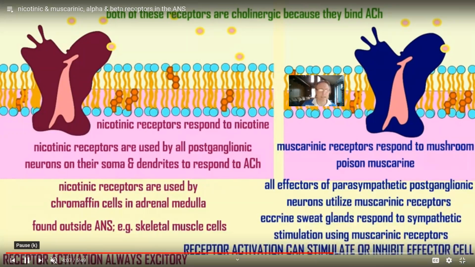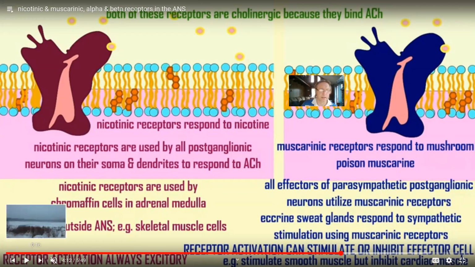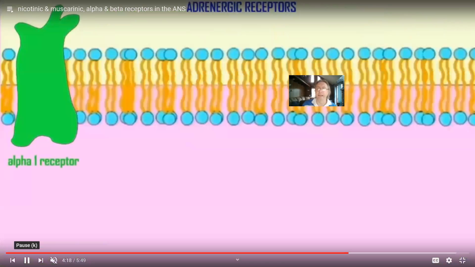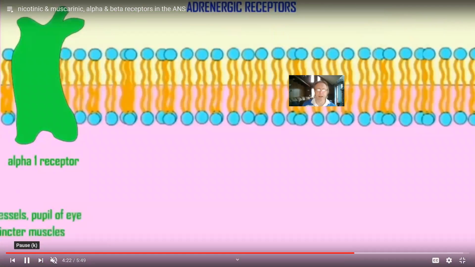Some will excite the effector cells, some will inhibit the effector cells. So acetylcholine can cause a smooth muscle to depolarize and get closer to action potential, but have the opposite effect on cardiac muscle. And then in the adrenergic receptors, the same thing applies.